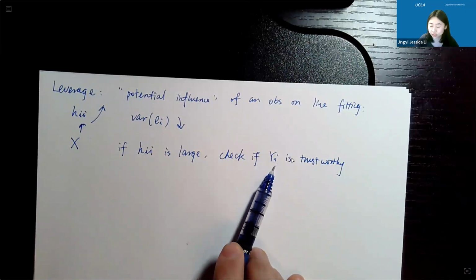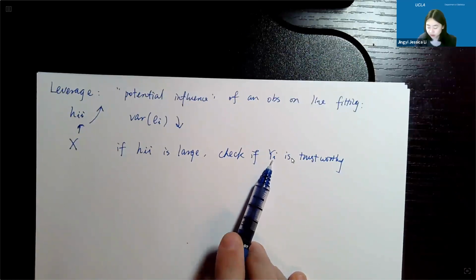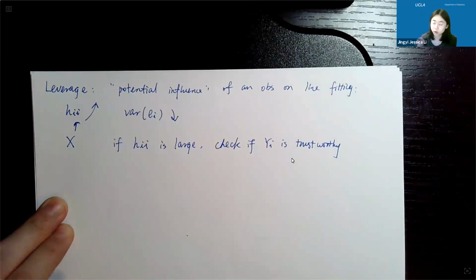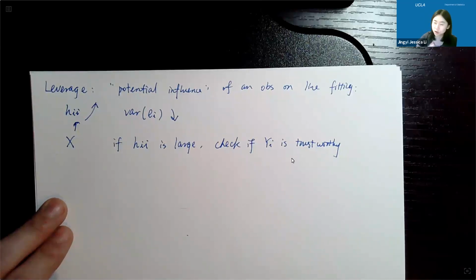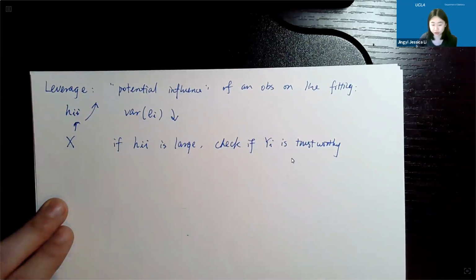But if Y_i is questionable, especially I think in some biomedical data, some measurements, if you check it, especially in the simple linear model case, if your X_i is very small, which means that it's on the very left side of the mean, then you may check whether the measurement is accurate, because for those low measurements, it's possible that this is not so trustworthy. So you want to account for that before fitting your model.